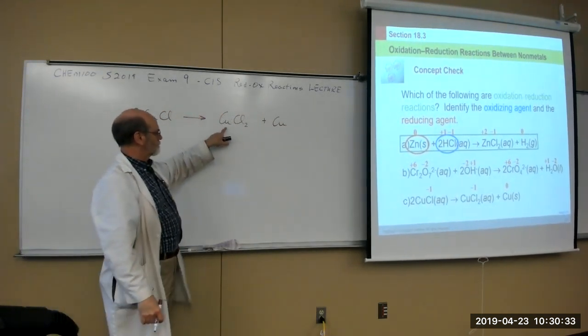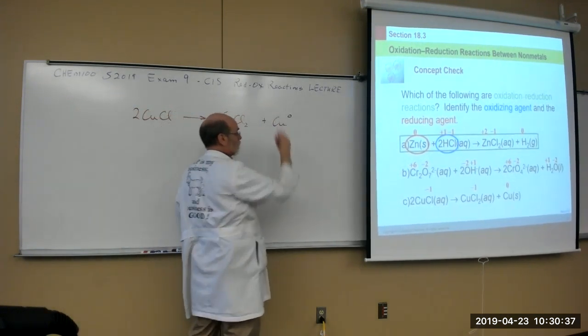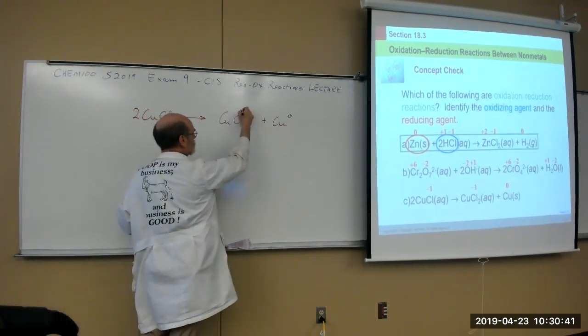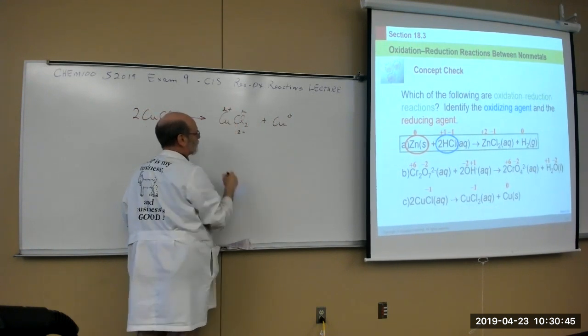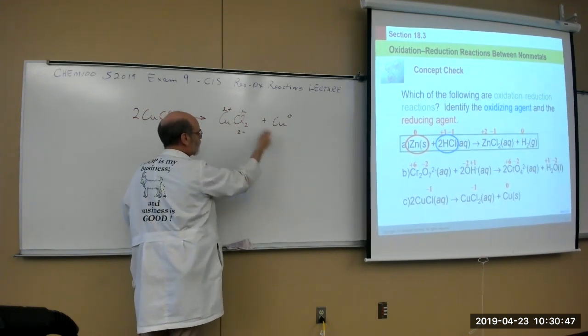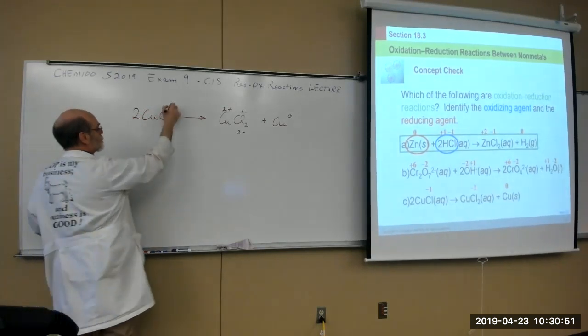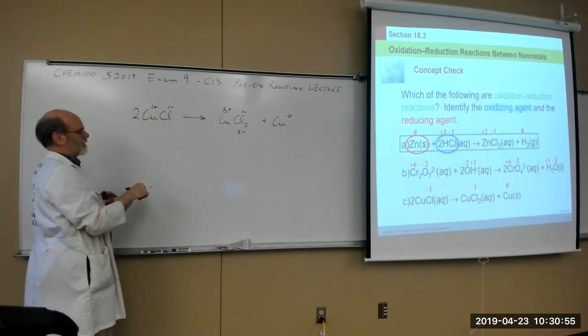It ends up here, and it ends up here. This oxidation state 0. Since this one is a -1, 2 minus total, this one has to be a 2 plus. So copper has ended up at two different oxidation states from this origin, which is 1 minus, 1 plus.